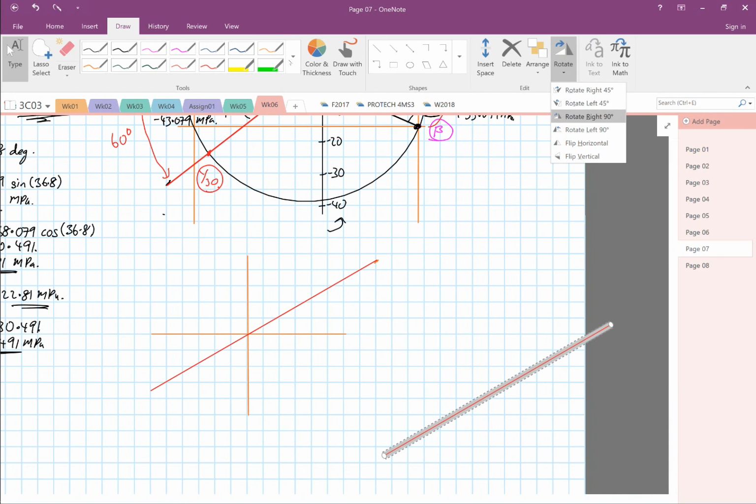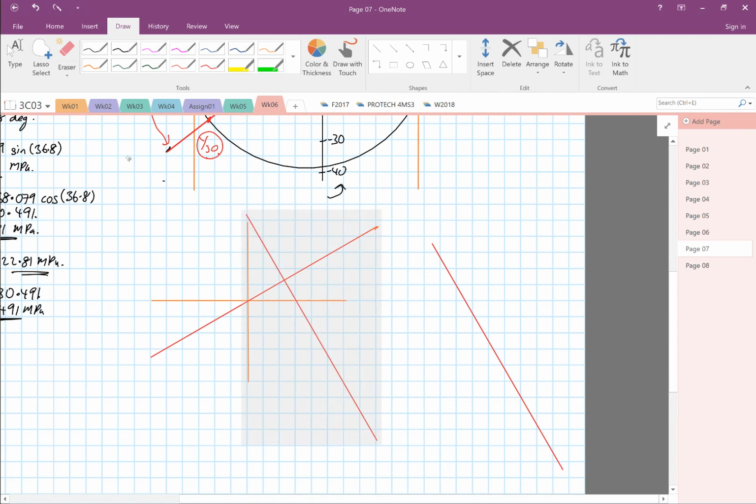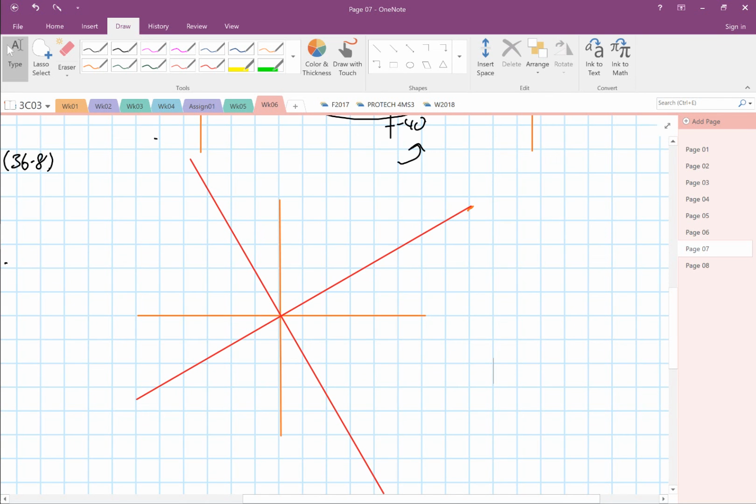And then we're going to rotate. So this will generate a rotation anti-clockwise by 30 degrees. We draw in our element now. Right, this is how our element will look like now.